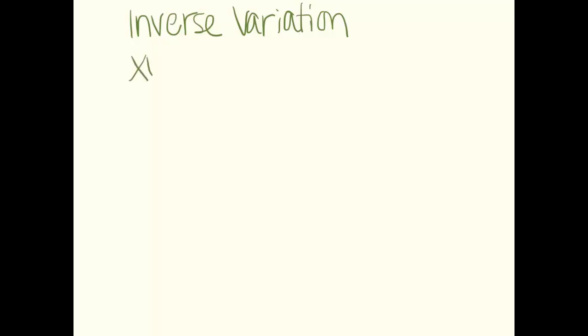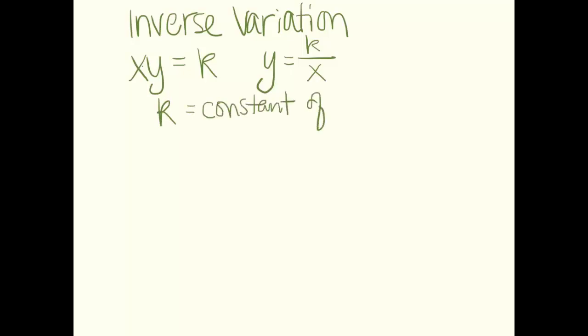In general, without a context, let's just use X and Y. We can say that X times Y is equal to K. If you like looking at Y in terms of X, you could also rearrange and say Y equals K divided by X. These equations represent inverse variation, where K is known as our constant of variation. In our previous example, if R times T equals 50, 50 was our constant of variation. It took the place of K here.